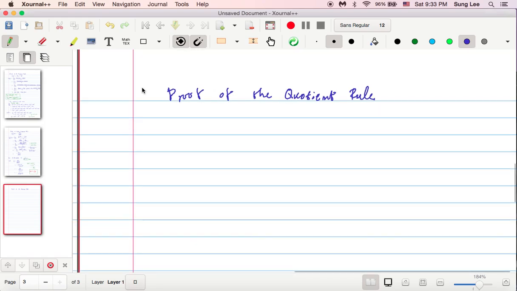So here's the thing. Start from f over g prime. This time I'm not going to use the definition. You can write f over g as f times 1 over g, the product of two functions, f and 1 over g.